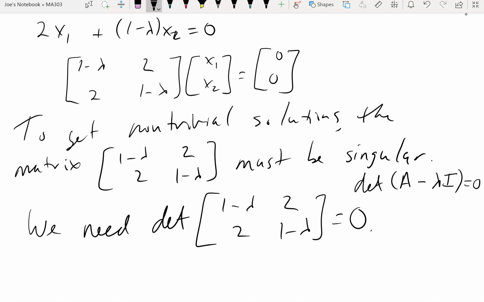So it looks like A minus lambda times I. It's your original matrix, and we're subtracting lambda down the diagonal. If I do lambda times I, I get lambda down the diagonal, right? This has a name. This is referred to as the characteristic equation of A.